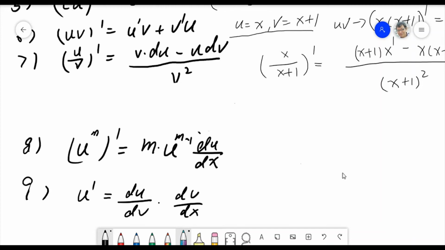So, okay, let's make this one: u equals x squared plus 1.